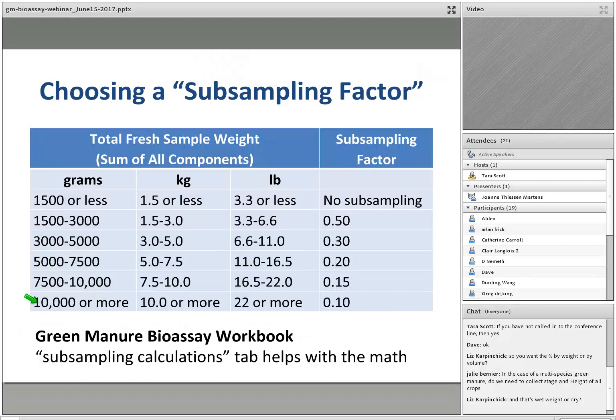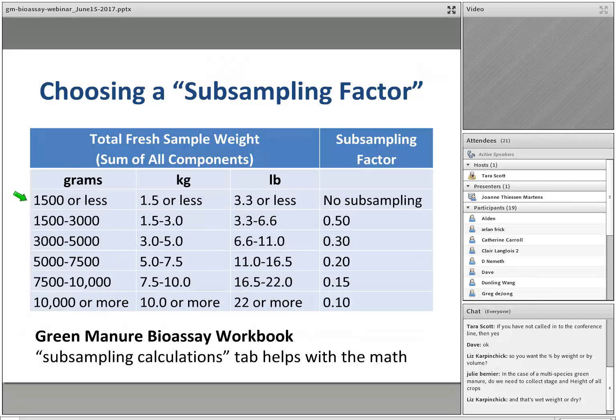Similarly, if you get into larger and larger amounts, if you were using, for example, a really large quadrat or took a lot of samples or had a really productive crop and ended up with a very, very large sample of 10 kilograms of fresh weight, then you would take only 10% or 1/10 of that sample.